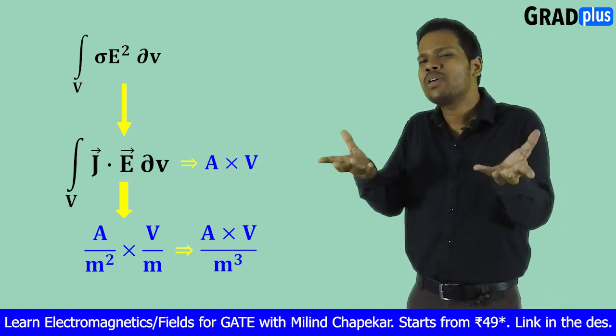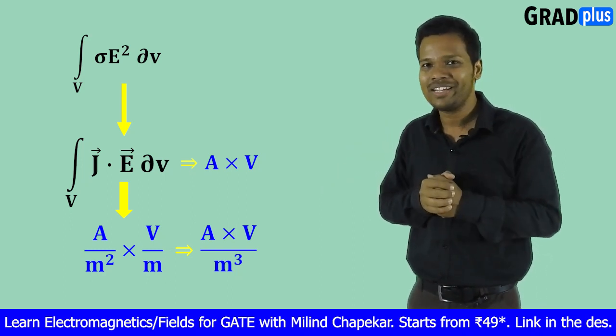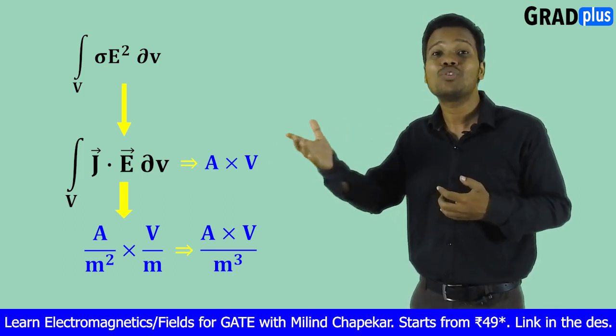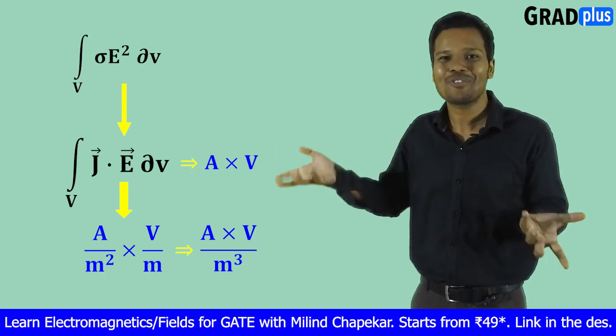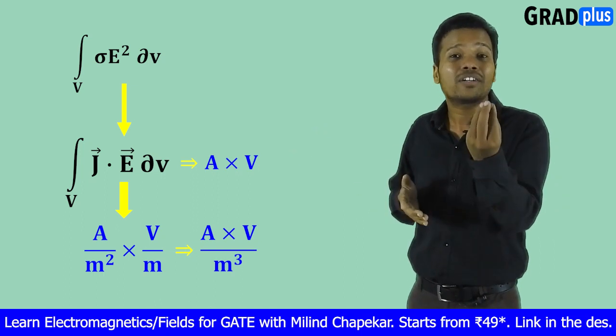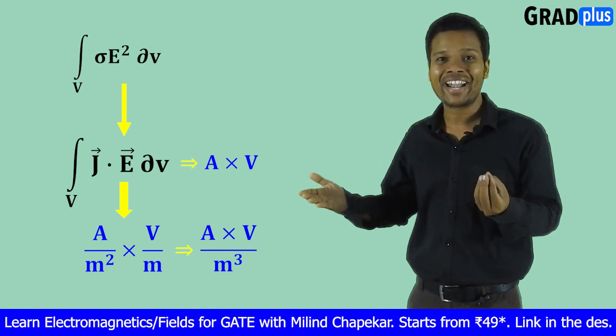And what do we call current into voltage? Remember your networks knowledge. Ampere into volt, current into voltage, is the electrical power dissipated in resistance. Yes or no? In general terms of your networks, it is nothing but the power, watt.